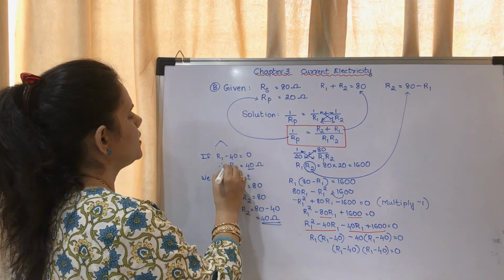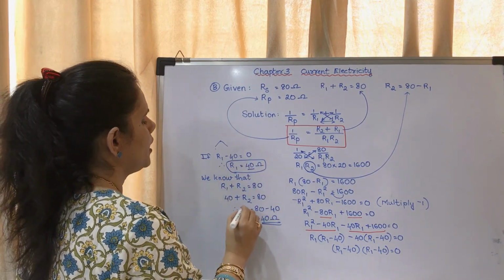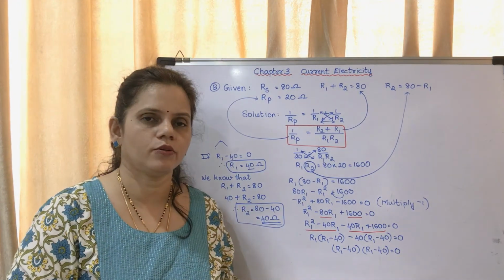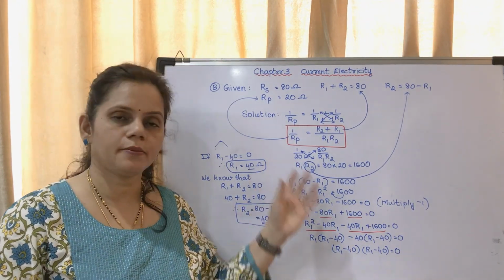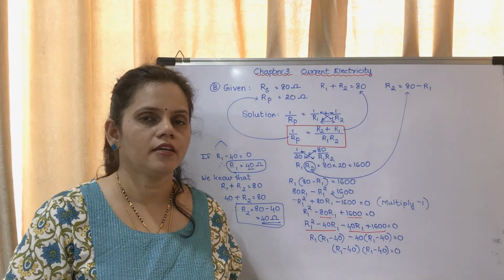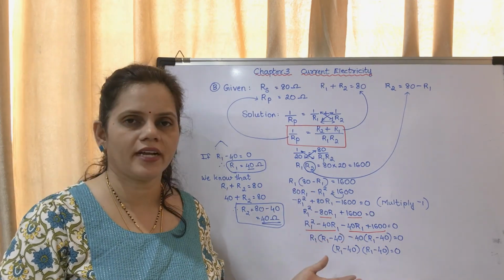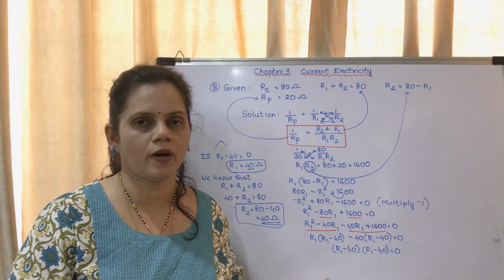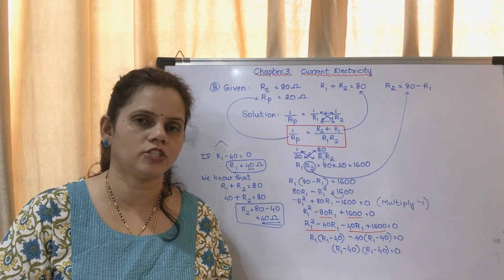So R1 is 40 ohms and R2 is 40 ohms. This is how you get the answer. This is the method to do it. If you don't know it, I think you had studied it in your 8th standard also. You may revise this part about quadratic equations and study.